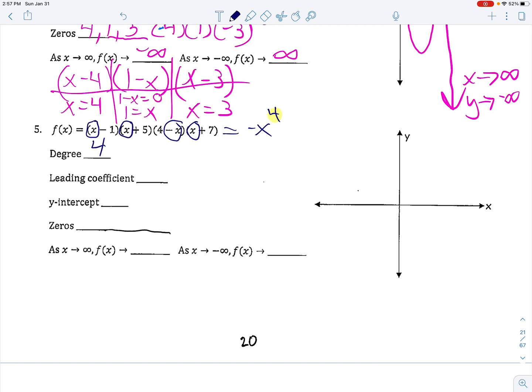First term. So this would be a 4th degree polynomial function with a leading coefficient that is negative. And if you wanted to put in the actual number here, that would be a -1.